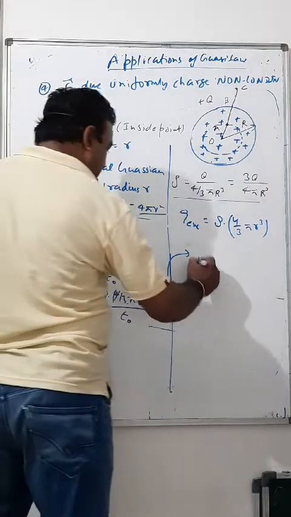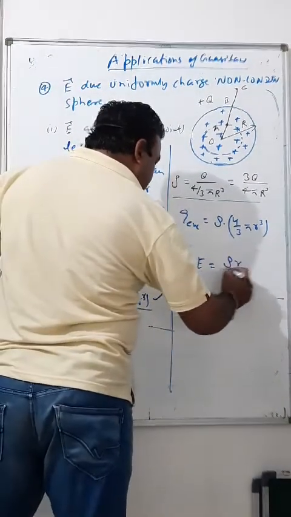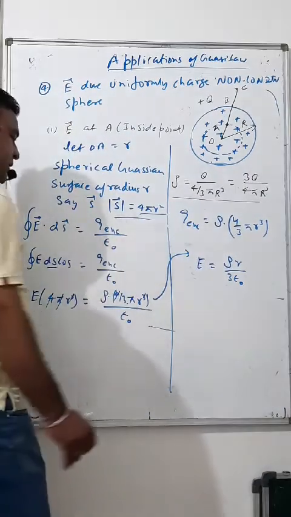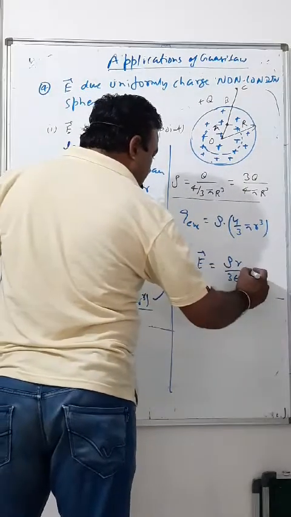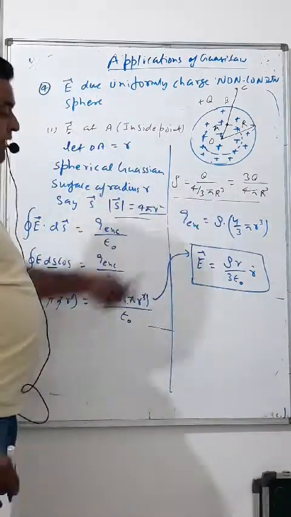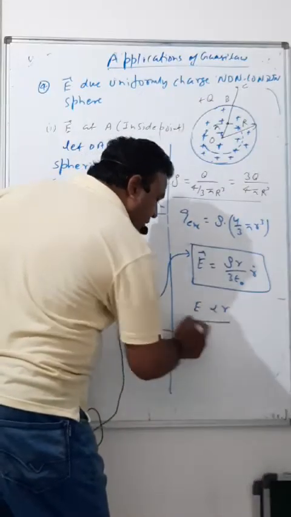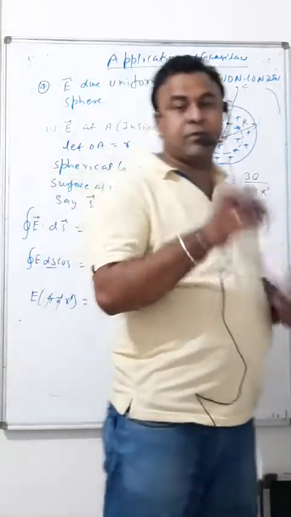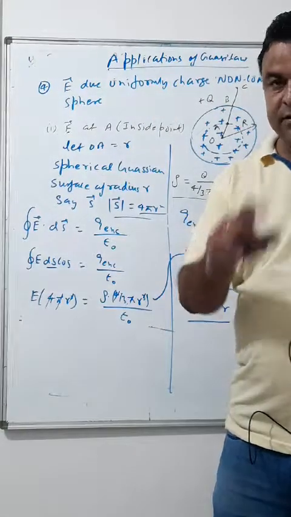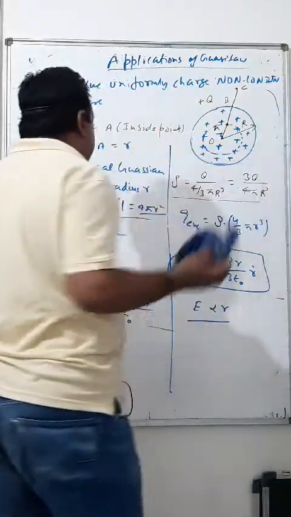I have E is equal to rho r upon 3 epsilon naught. In vector form, I write r cap. This is a fantastic relation. Magnitude of E is proportional to r. Interestingly, as we move from O to the surface, the electric field goes on increasing. We'll discuss the graphs, then you will enjoy this.